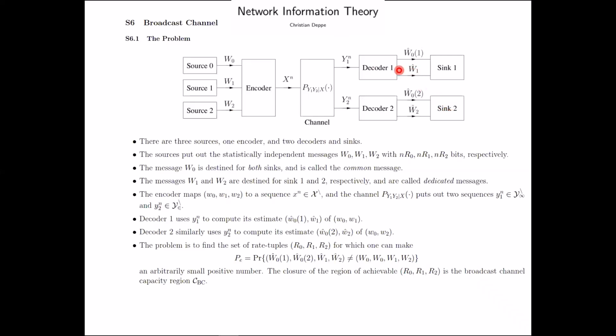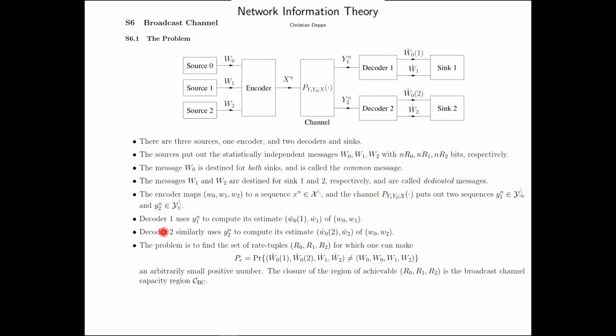And the goal of decoder 1 is to give an estimate of W0 and an estimate of W1. The goal of decoder 2 is to give an estimate of W0, that's the second estimate of the common message, and an estimate of the dedicated message W2. So the encoder maps W0, W1, and W2 to a sequence x^n, and the channel, which goes from x to y1 and y2, puts out two sequences, y1^n and y2^n.